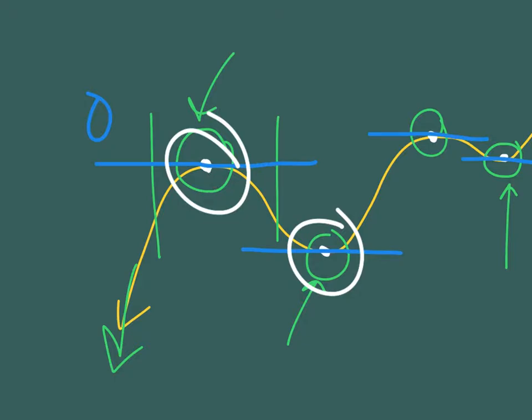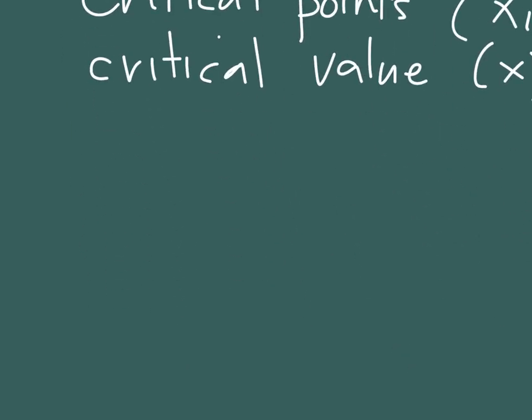Aside from that, we also need to understand that whenever there is a graph having a maximum point, it is best that we understand how the derivative is changing before and after that point.